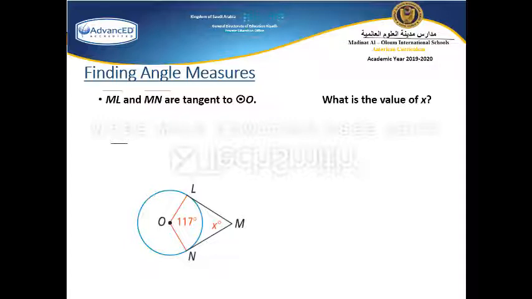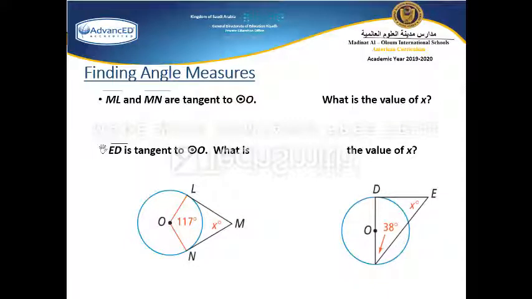Then ON is perpendicular to this tangent as you see here, and since ML is tangent to the circle, it is also perpendicular to the radius OL. Then we have three given angles. Angle OLM is 90 degrees, angle ONM is also 90 degrees, and the given central angle is 117.